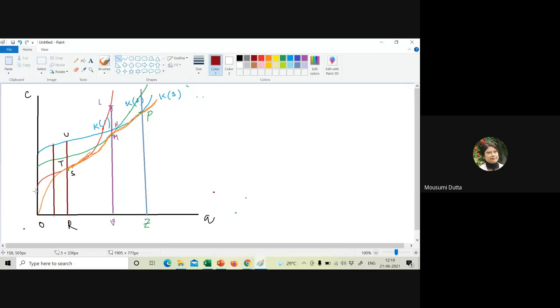we have a number of cost curves. Here I have presented 3, and for that matter we are getting like this. We can draw a graph like this.